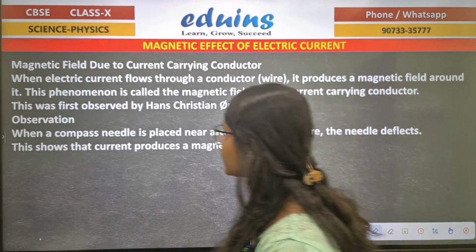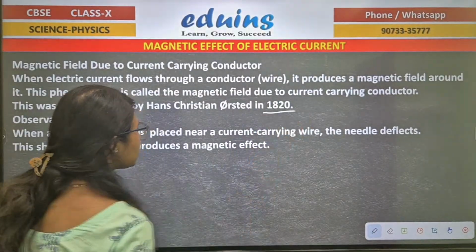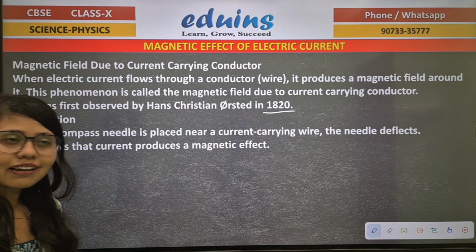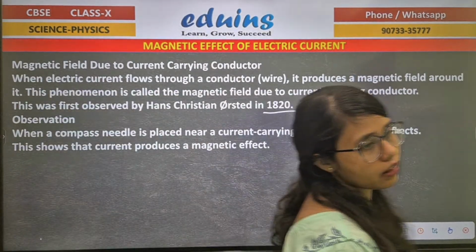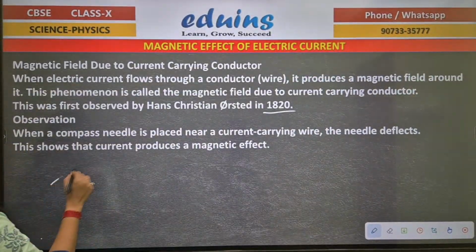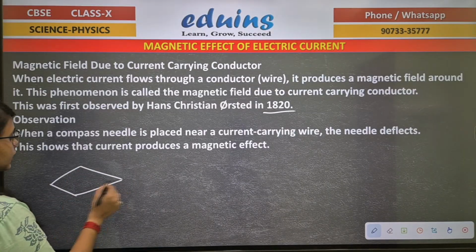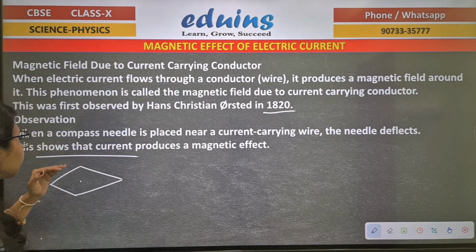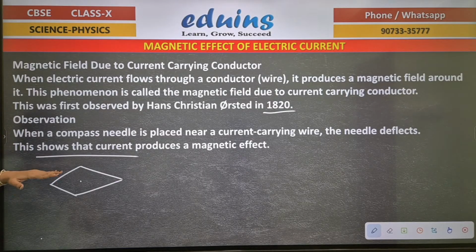In his lecture in 1820, Hans Christian Ørsted proposed that electricity and magnetism are not related to each other. To prove this, he placed a magnetic needle below a current carrying conductor, with the conductor and the magnetic needle in a parallel direction.